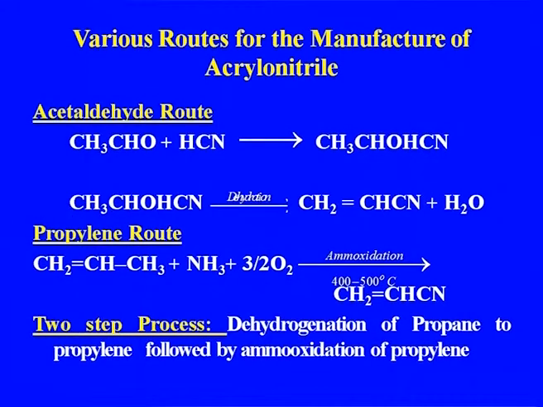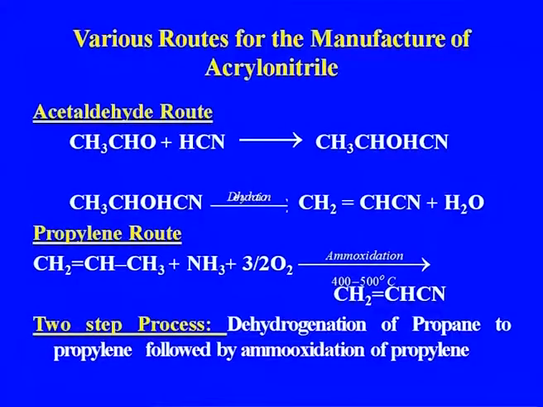Another process is the acetaldehyde route. Acetaldehyde, as you know, we make through the ethylene route, so that is also available, and then we can make the acetylene. But the propylene route is now more common. Even DuPont in the earlier stages used other technology, not ammonia but oxides of nitrogen, for the propylene route.